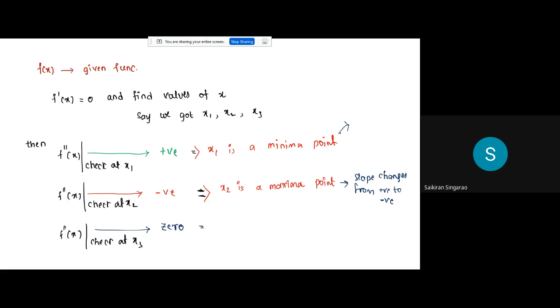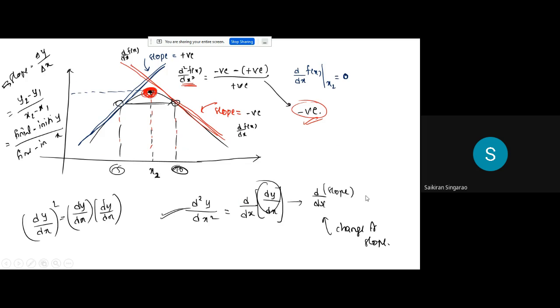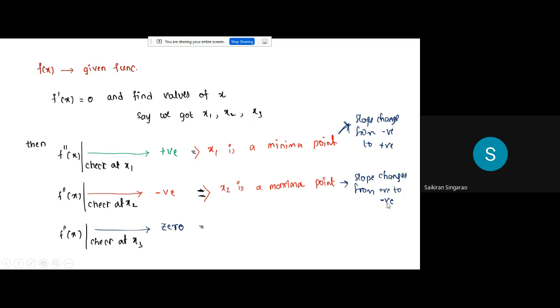When can I call it a minima point? If the slope around the point changes from negative to positive, this is a minima point. First the slope is negative, then the slope has become positive. So if the slope is changing from positive to negative, it is called a maxima point.